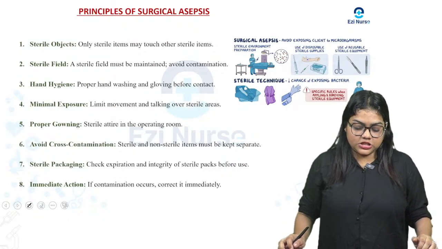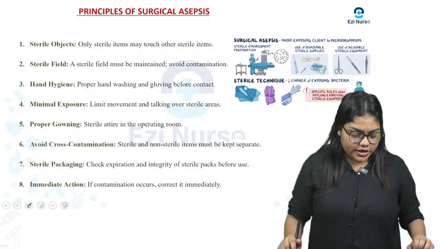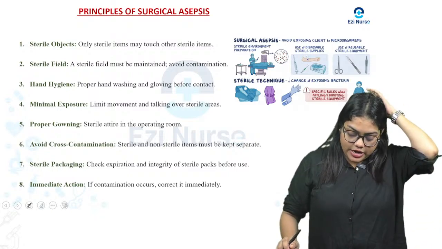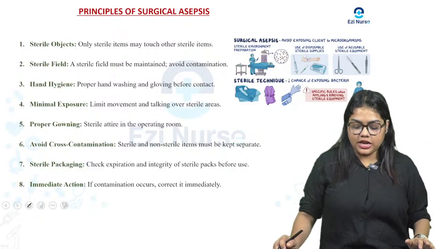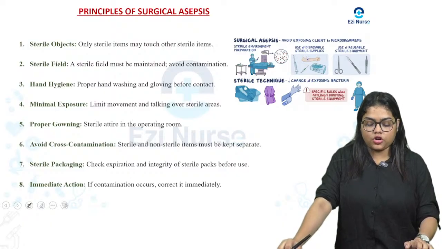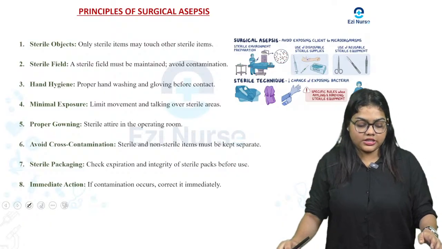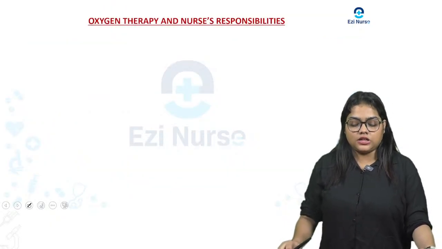Avoid cross contamination: sterile and non-sterile items must be kept separate. Then sterile packaging: we check the expiration and integrity of sterile packs before use. And lastly, immediate action: if contamination occurs, we have to correct it immediately. Okay, so these are the principles of surgical asepsis.